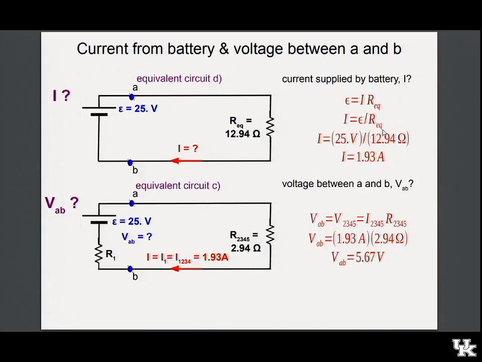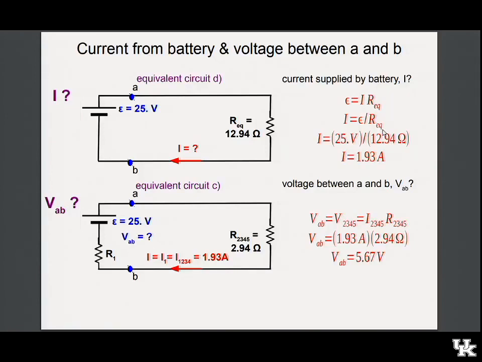We can just start using things like Ohm's law. So supposing I want the current around the circuit, well, let's just think of that equivalent resistor, 12.9 ohm resistor. I've just got a 12.9 ohm resistor across the 25 volt battery. I can use Ohm's law to figure out the current that's being delivered by the battery.